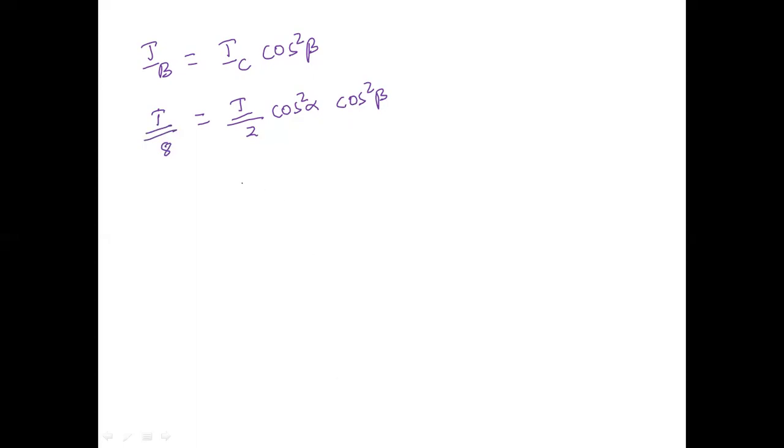So I can say that cos square alpha and cos square beta is equal to 1 by 4. So cos alpha and cos beta is equal to 1 by 2, right?